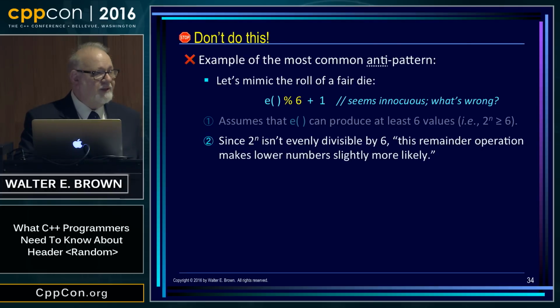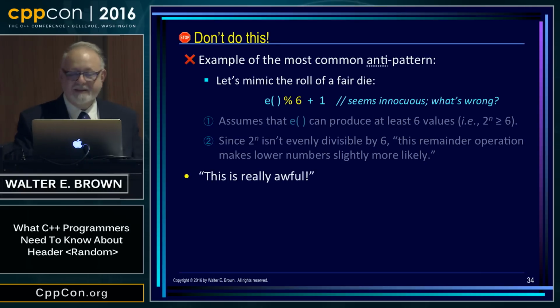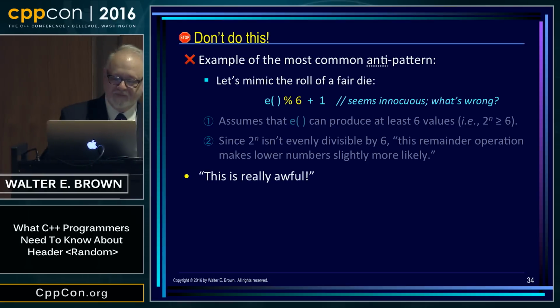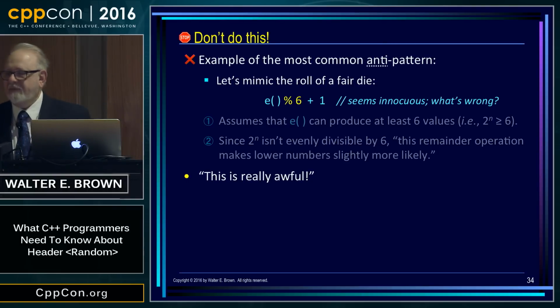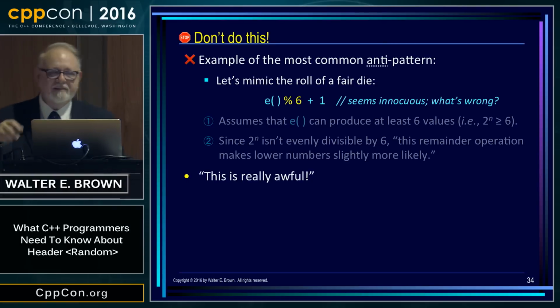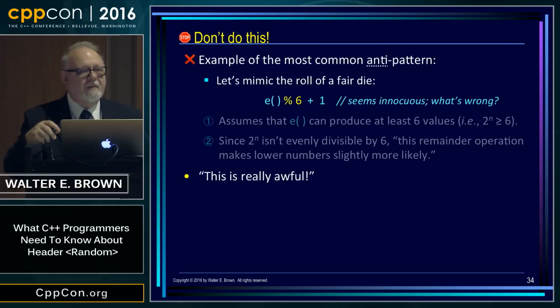Now, one of our good friends and colleagues has said it somewhat more strongly than I have, so I'm going to quote. First thing he says, this is really awful. And then he went ahead and found a similar piece of code that I don't want to reproduce today, but obviously someone had recognized the issue and said, oh, but I can program around this. Let me use floating point.